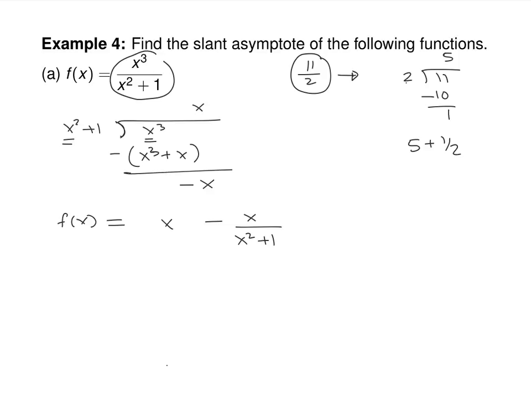Okay. And then what you figure out is that as x goes to infinity, where does your function f of x go to? And I don't want you to say infinity. I want you to give me an equation of a line. So does it make sense that as x goes to infinity, this part is going to go to 0? Yes. So f of x goes to x.